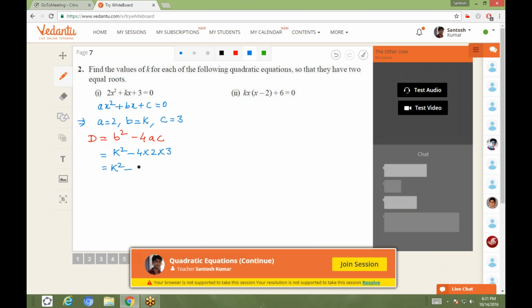So that is going to be k square minus 24. This is what we got as the discriminant. But according to the given condition, we will have to take d equal to 0. Is it clear to everyone? Yes, sir. Good.